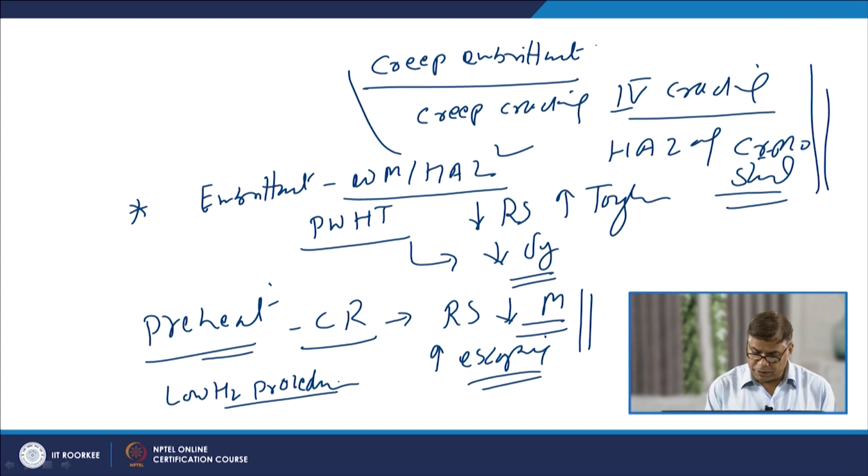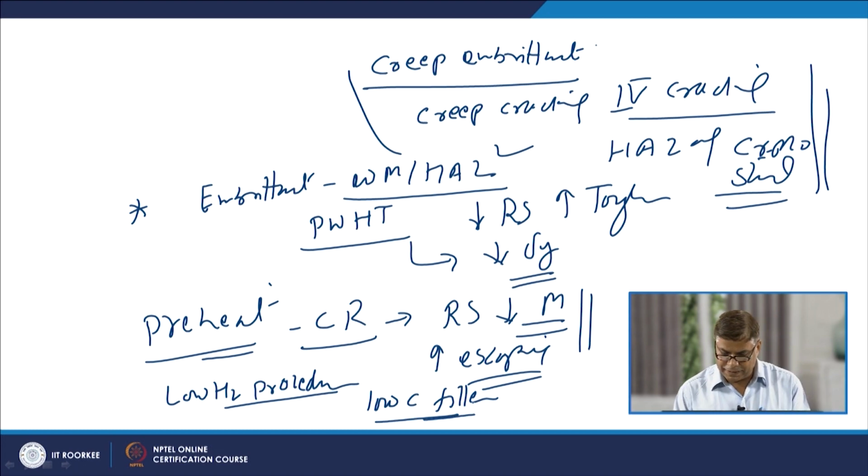So, for that purpose we normally prefer to go for the low carbon filler metals, so that whatever weld metal is formed is of the lower yield strength and of the lower hardness, as well as it develops the lower residual stresses. Which in turn will help to reduce the hydrogen induced cracking due to the residual stress formation.